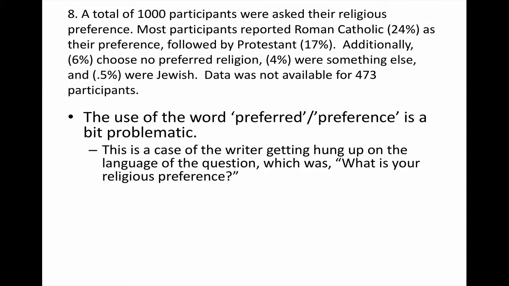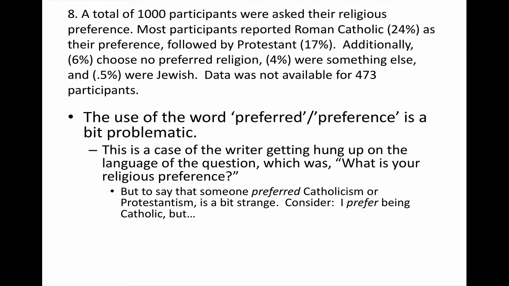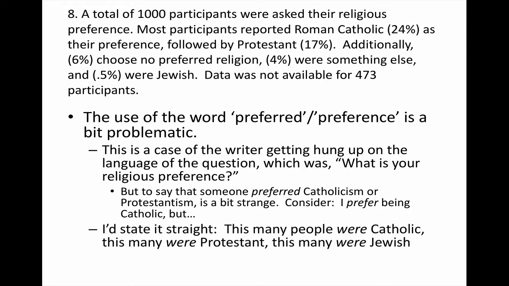It's another case of the writer getting hung up on the language of the question, which was, what was your religious preference? To say that someone preferred Catholicism or Protestantism is just a bit strange. I prefer being Catholic, but, see, that's weird. I'd state it straight. This many people were Catholic, this many people were Protestant, and this many people were Jewish.